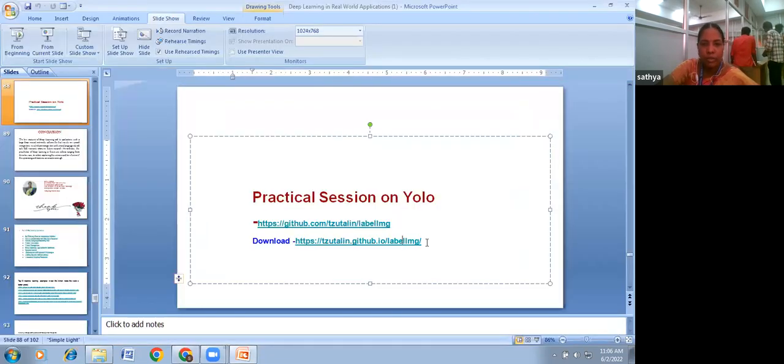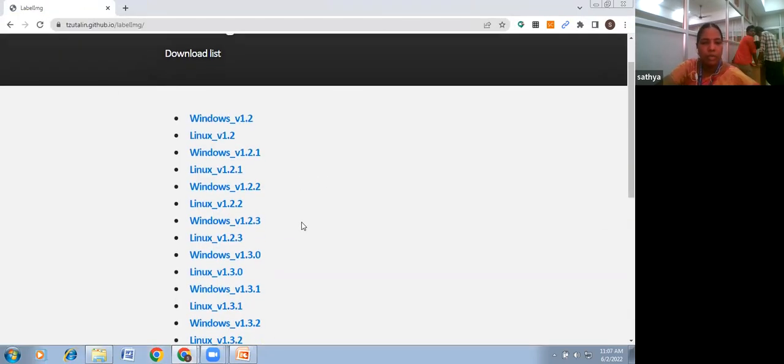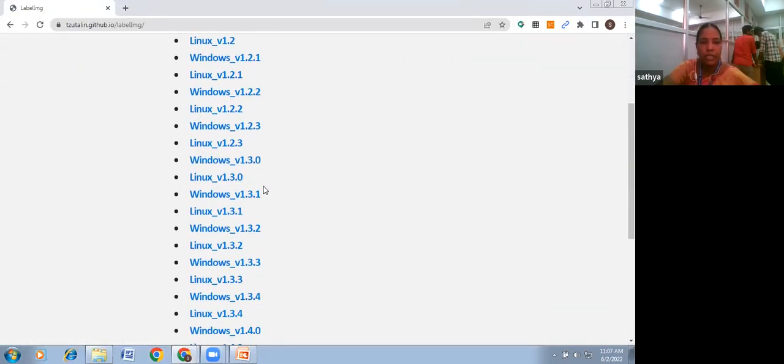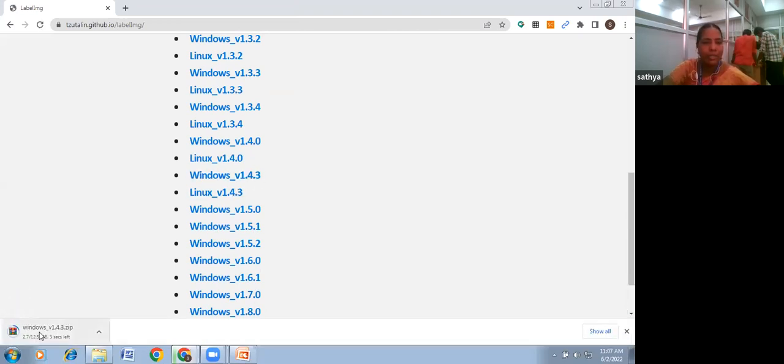If you have a laptop with you now, you can install it in parallel. Just go to this site. I hope you are seeing my screen. You have various versions. You can install it on a Linux machine or a Windows machine. You can take any version, no problem. I'm using the Windows version, 1.4.3. Anything you can take and install.